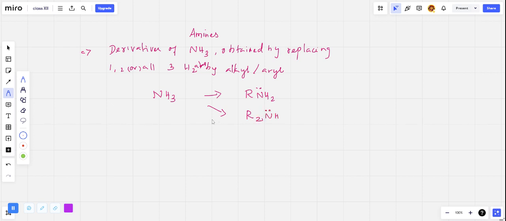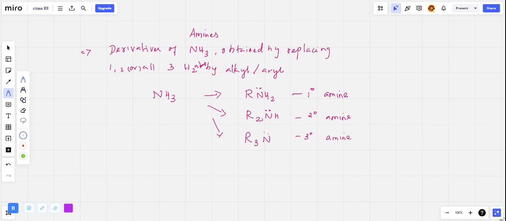If three hydrogens are replaced, you will get R3N. Nitrogen has one lone pair of electrons. So this is a primary amine, this is a secondary amine, and this one is a tertiary amine.